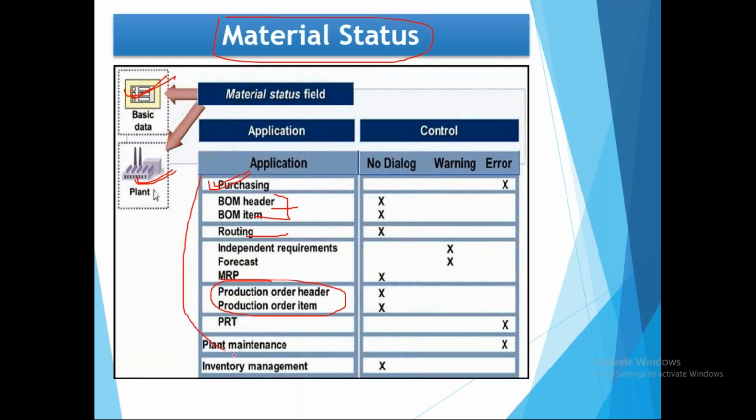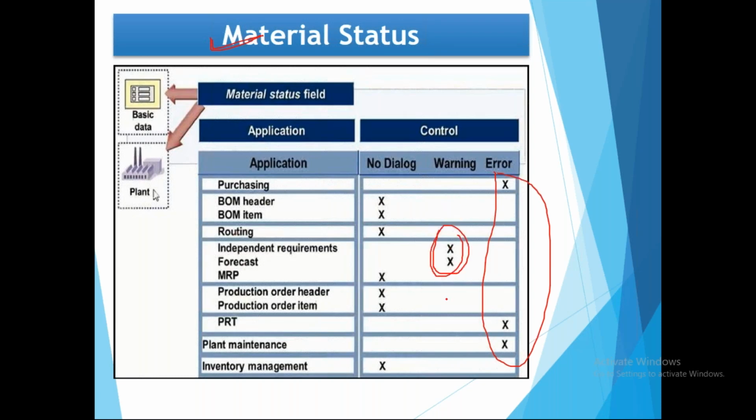When we go to configuration, I will show you how to create a new material status. You can give an error message, or configure whether it throws a warning message or just a dialog message.